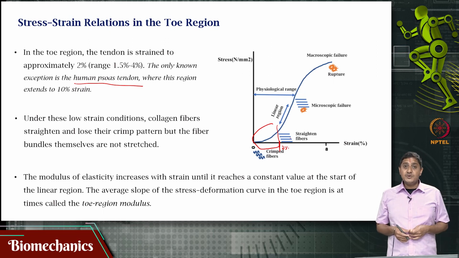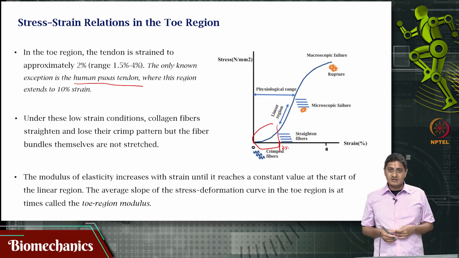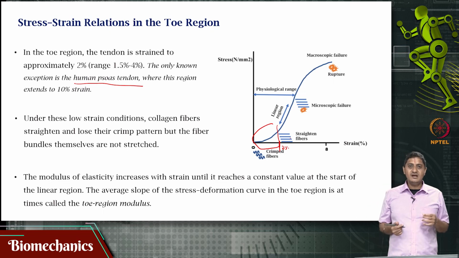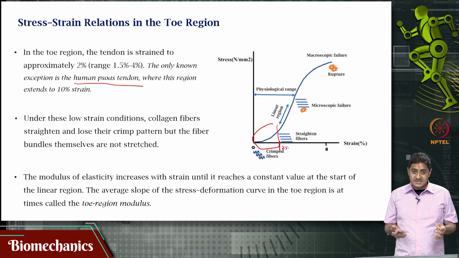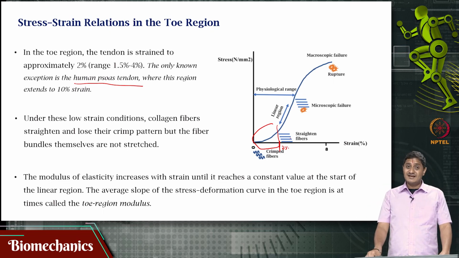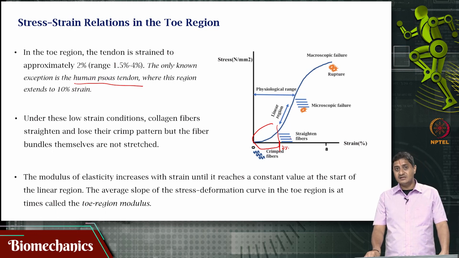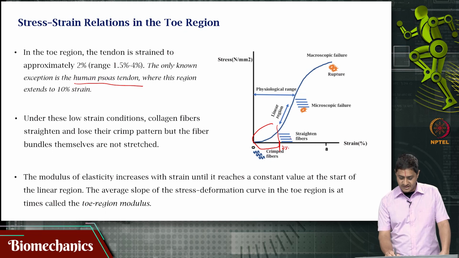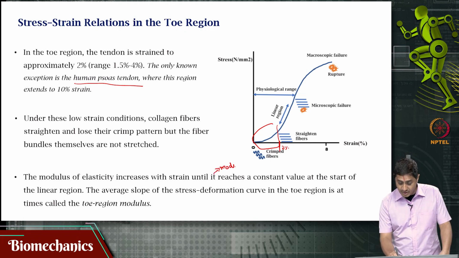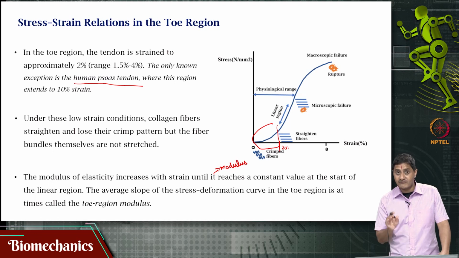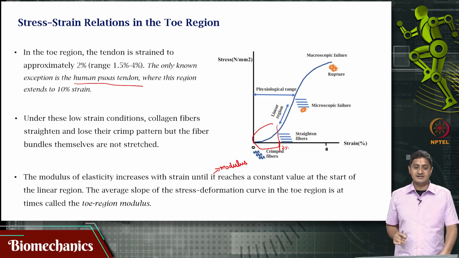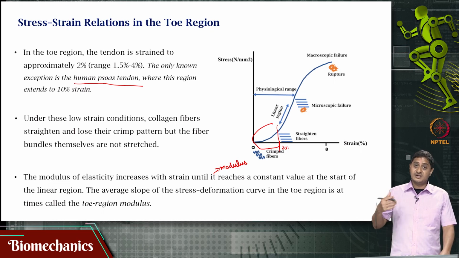So, the modulus of elasticity, remember what I am saying, the modulus increases with increasing strain, until the modulus reaches a constant value at the beginning of the linear region. Until this point, modulus continues to increase with increasing strain.